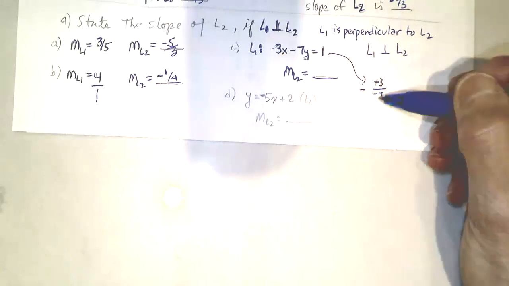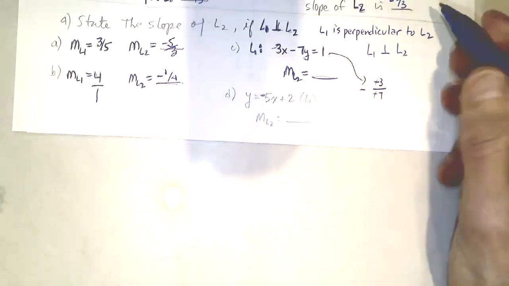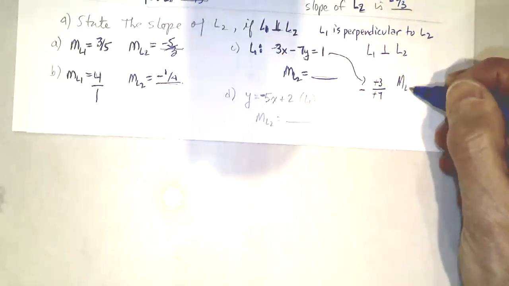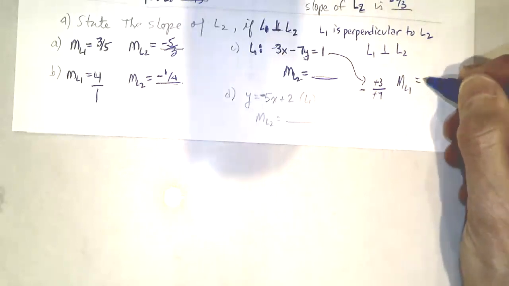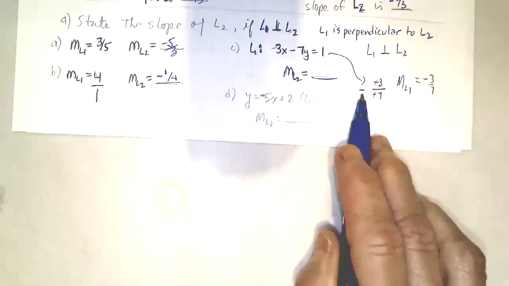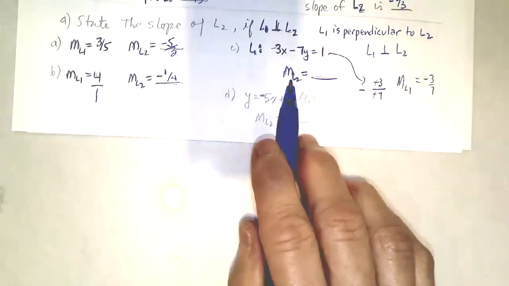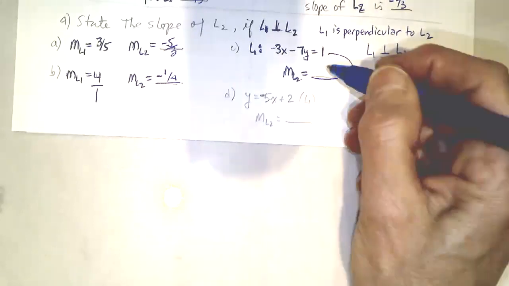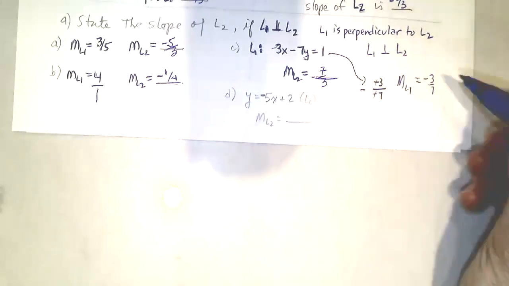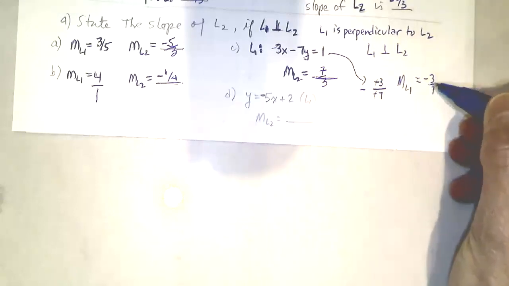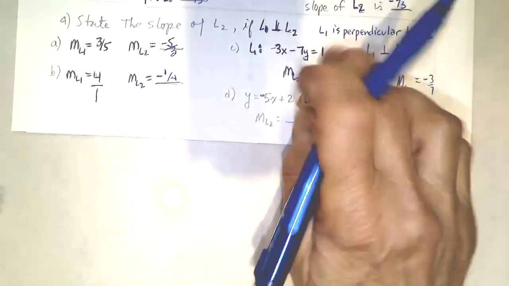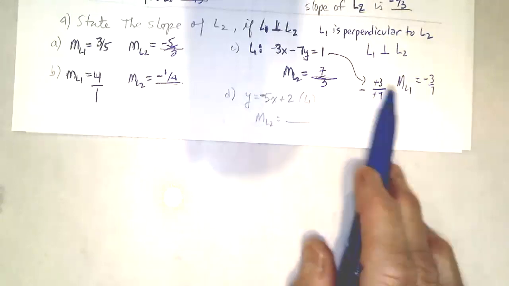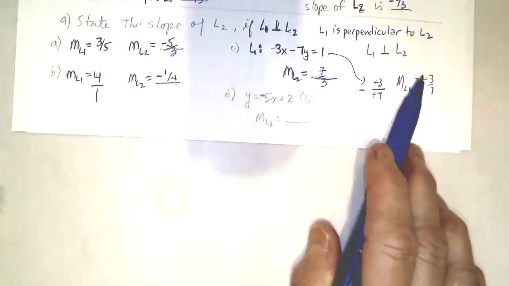So altogether, the slope of L1 is -3/7 because there was a negative here. So therefore, the slope of L2 would be the reciprocal and the opposite sign. If that one's negative, this one's positive. That is the negative reciprocal of that.